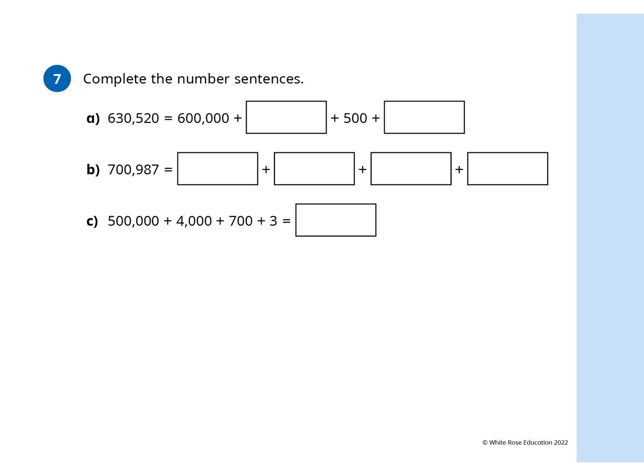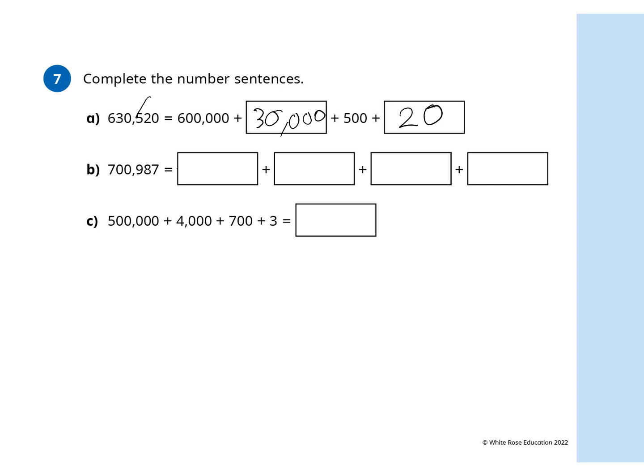Complete the number sentences. Now this is partitioning your numbers. So we've got 630,520. So we've got 600,000. We've got another 30,000. Now my thousands are done. 500's already done, and 20. So our second number is 700,987.